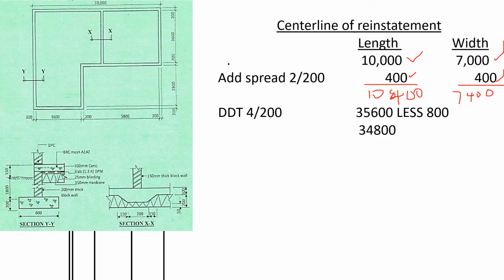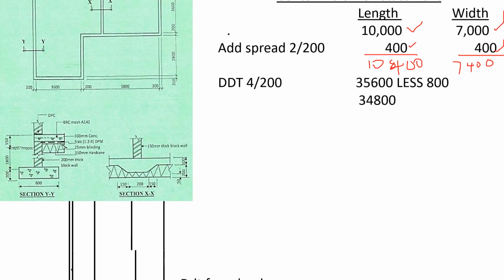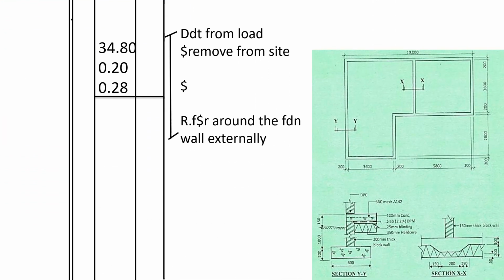2 times 17,800, we shall get 35,600. Then we shall less 800, so we shall get 34,800. So we shall note it in the takeoff sheet as 34.80 for the center line.